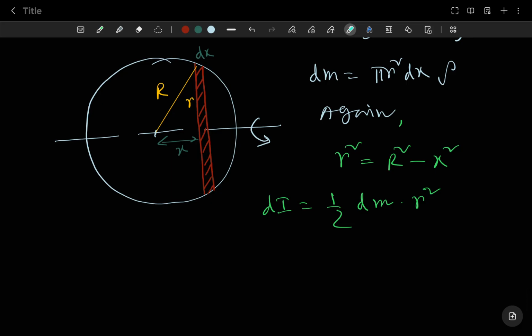So let us write dI as half pi r square dx rho into (R square minus x square).